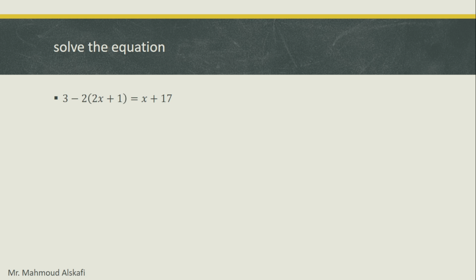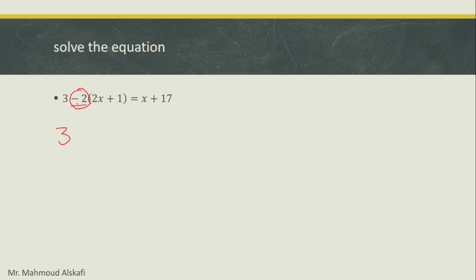Now, as I told you before, if we have any brackets, we should expand. But in this case, we have a negative multiplied by a bracket. If we need to multiply a negative by a bracket, we should change all of the terms' signs.